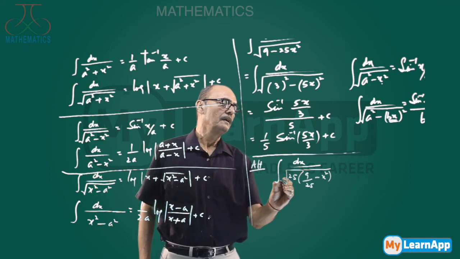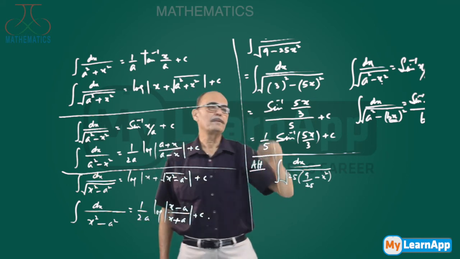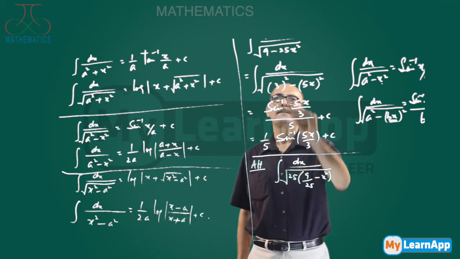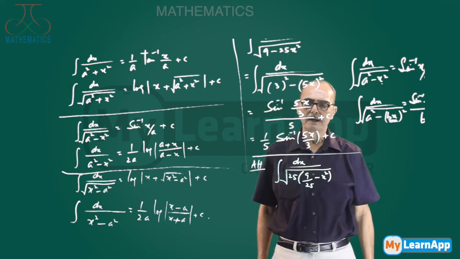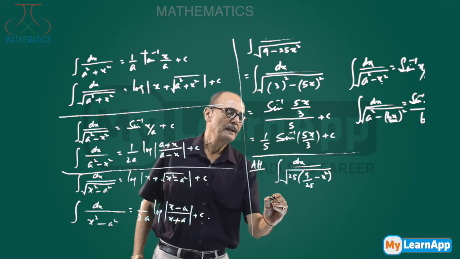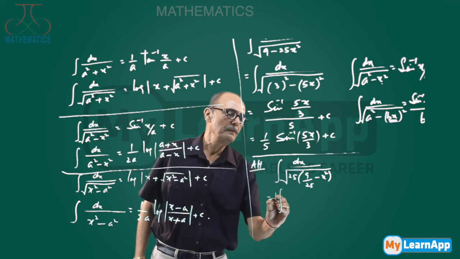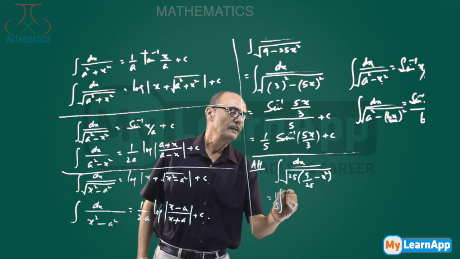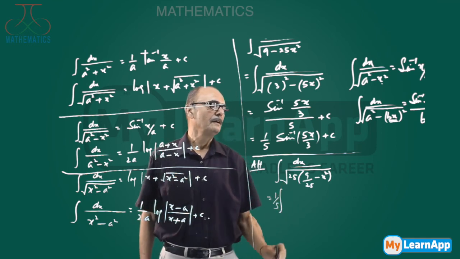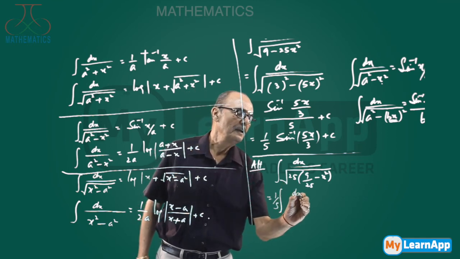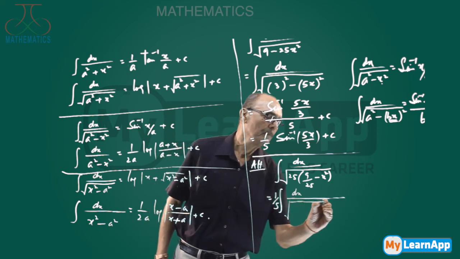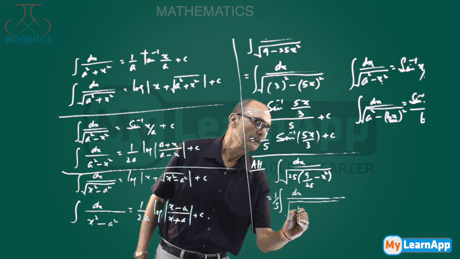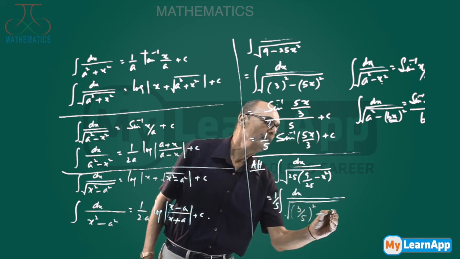Now, I am taking the same problem. This 9 minus 25x square, I have taken 25 common. So, I can write down this standard form as 1 by 5, the square root of 25, dx upon under root 3 upon 5 square of this minus x square.